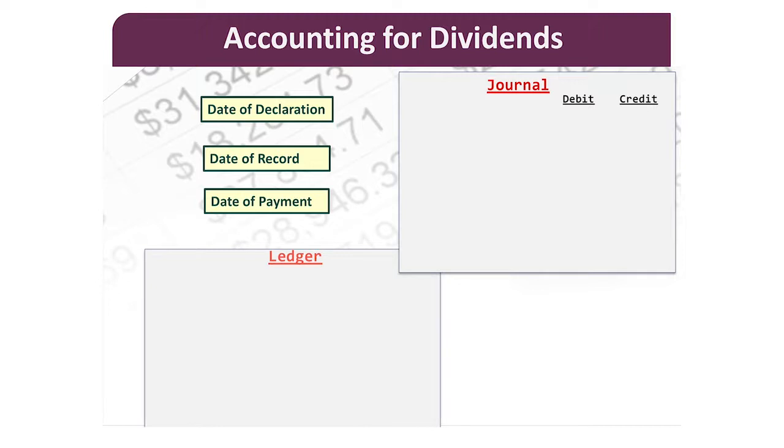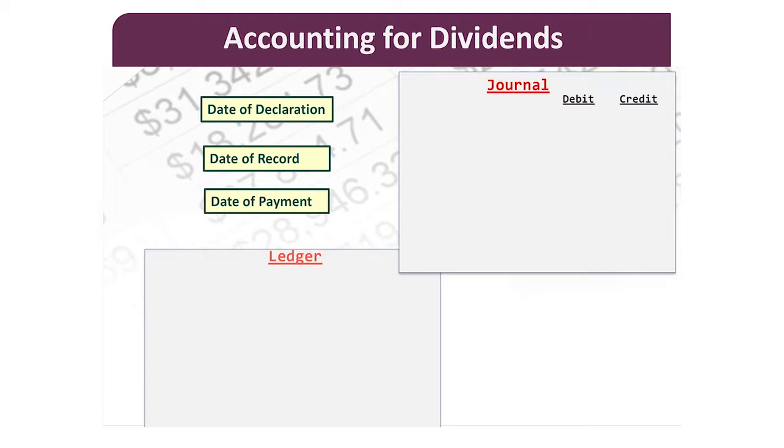Here is the accounting for a dividend. In our example, the board of directors declared a 20-cent dividend on June 12, 21X to stockholders with a date of record of June 26 to be paid on July 3rd.